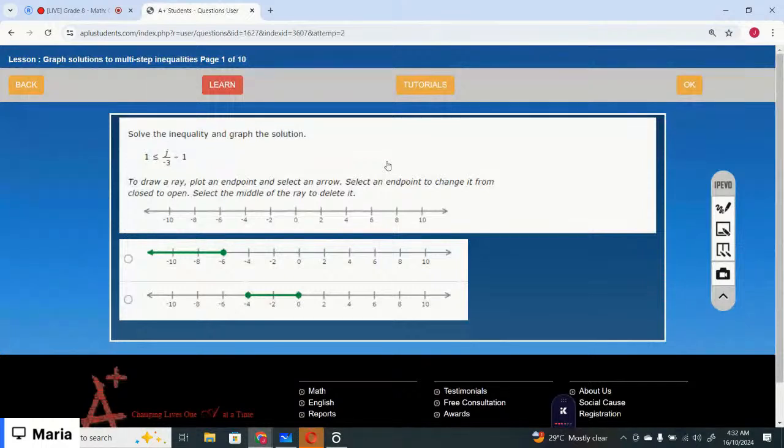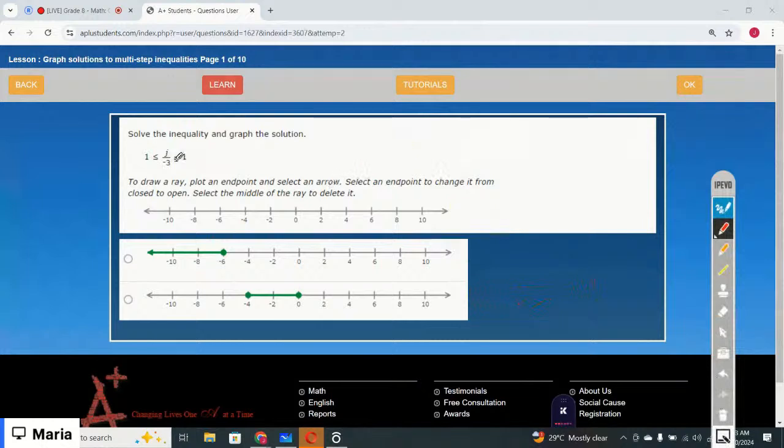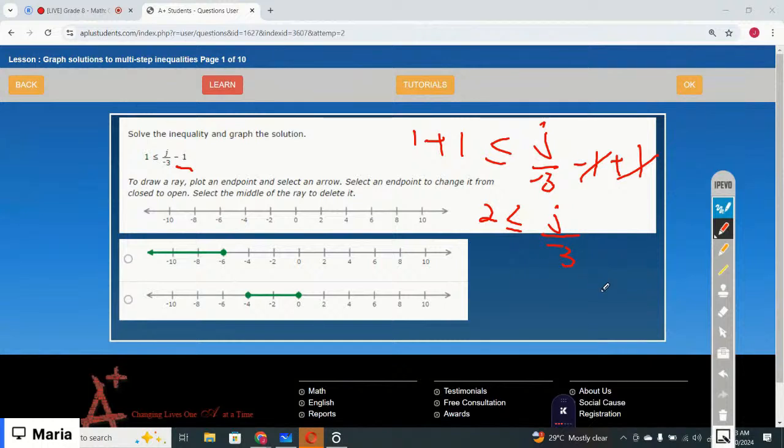1 is less than or equal to j divided by negative 3 minus 1. Let's just solve, right? Add 1 to both sides, because you need to remove that 1. 1 plus 1, j by negative 3 minus 1 plus 1. The minus 1 and plus 1 cancel out. 2 is less than or equal to j over negative 3. Multiply by negative 3 on both sides. So that is j is greater than or equal to negative 6.